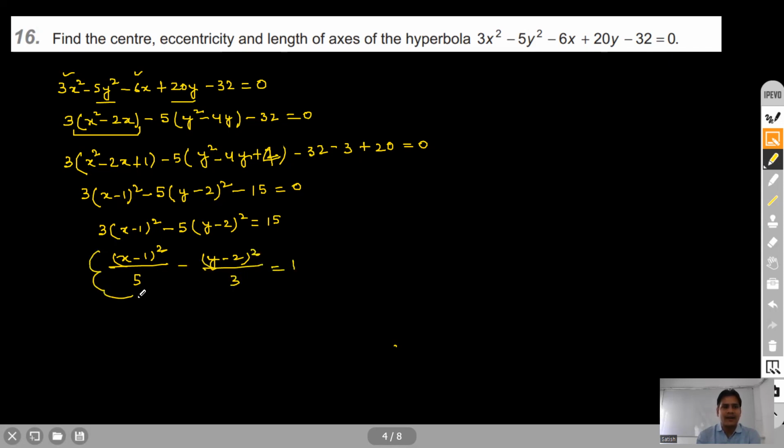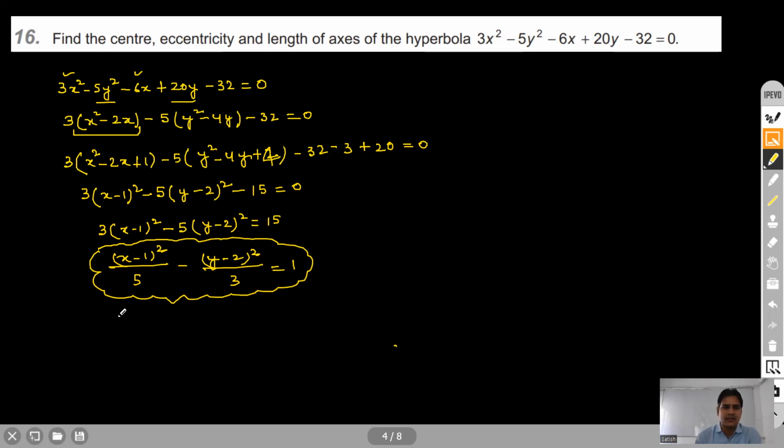So now we are getting this hyperbola in our standard form, where the center is what? The center of this hyperbola will be 1, 2, right? Is it okay? So that we have to identify here also.